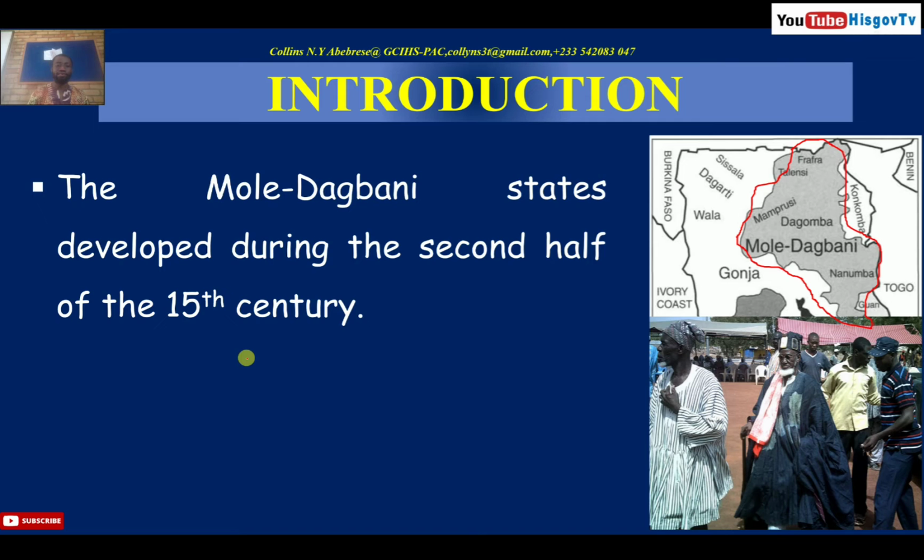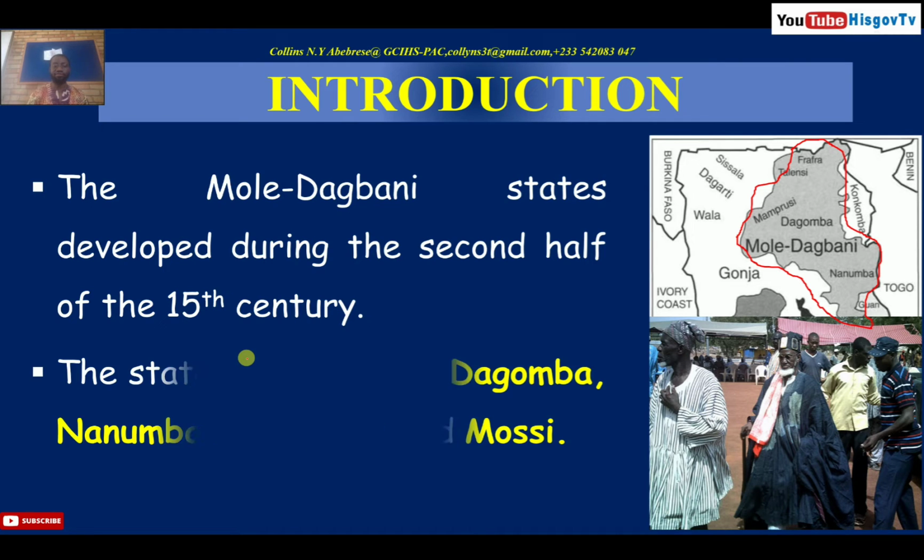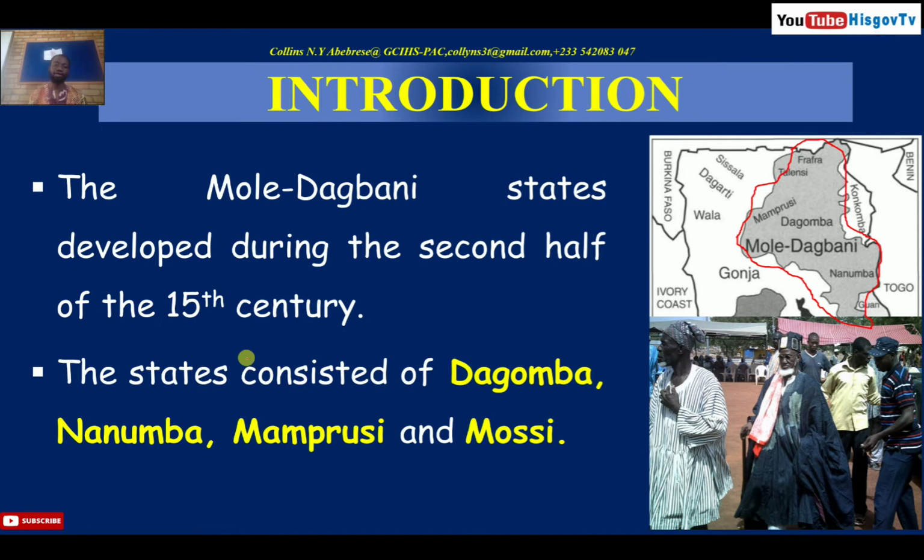The Mole-Dagbani State developed during the second half of the 15th century, somewhere around 1400 to 1499, that is somewhere around that period. So that is when the Mole-Dagbani State or kingdom emerged.